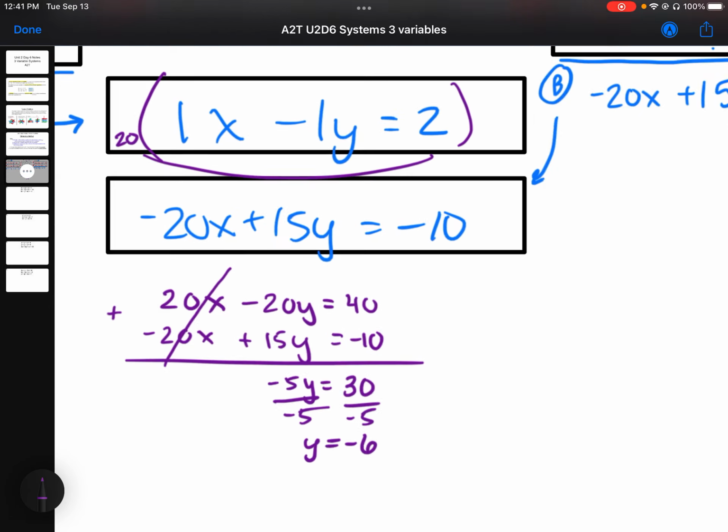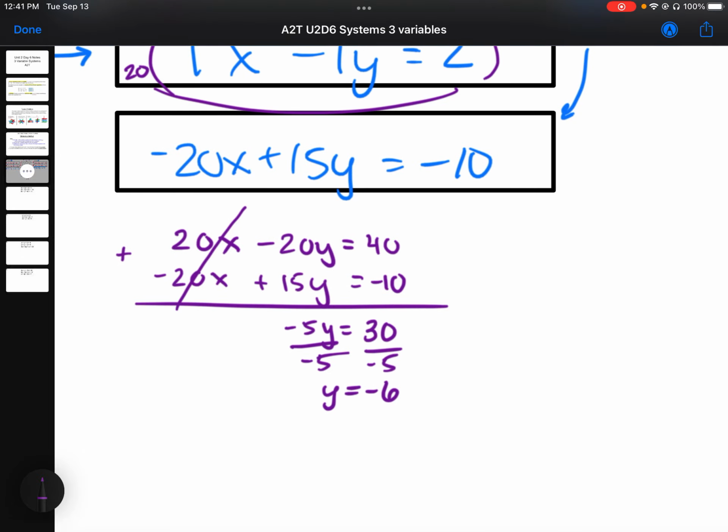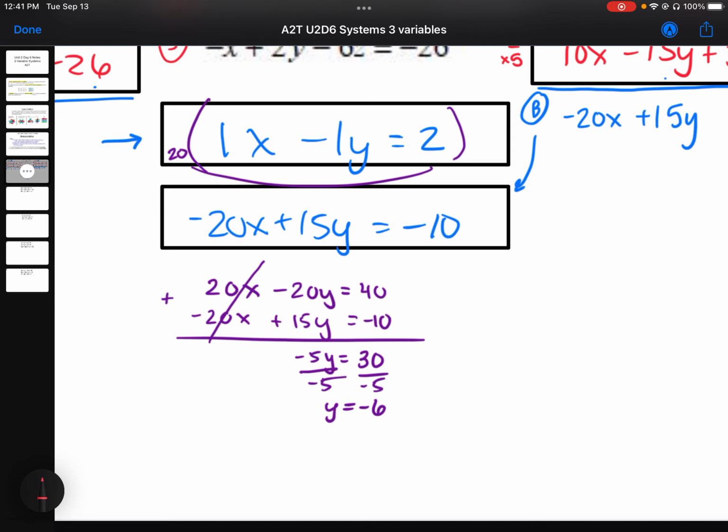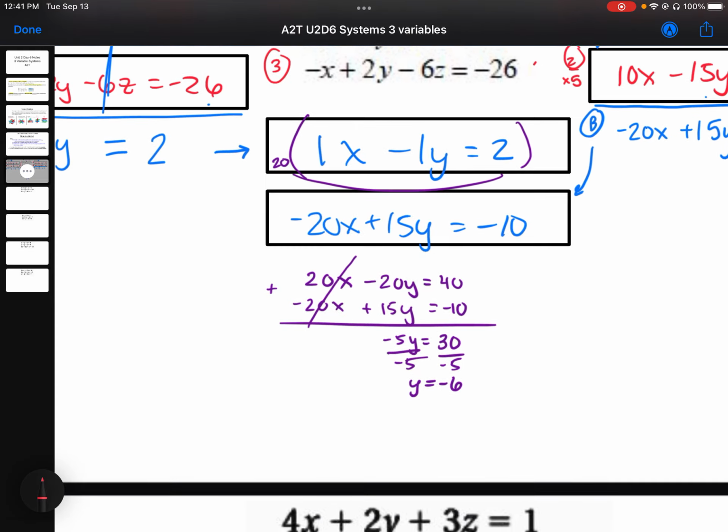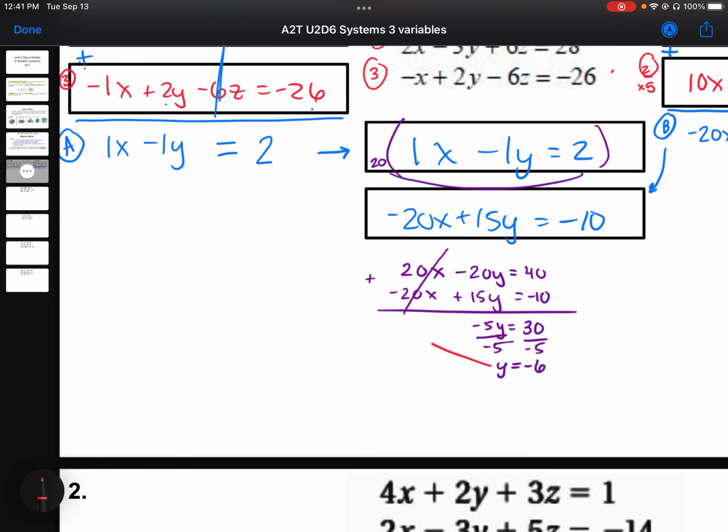All right, so now we need to figure out what x is. If we know y is negative 6, we can plug that into one of these equations. So let's go ahead and take this negative 6 and plug it in here. So 1x minus 1 times y, which is negative 6, equals 2.